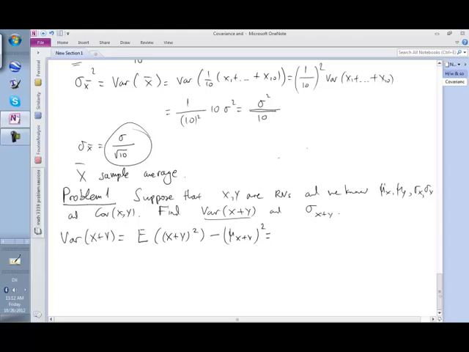Well, let's work a little bit on the expected value of (x plus y) squared. Now, I have to expand this, and simply what I'm doing is using algebra, because x and y are random variables. Therefore, when I write x plus y here, what I mean is I create a new random variable which takes as values sums of values of x and y.